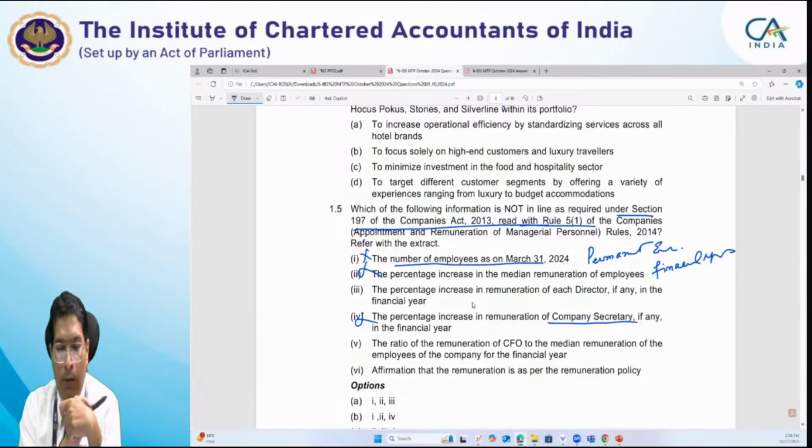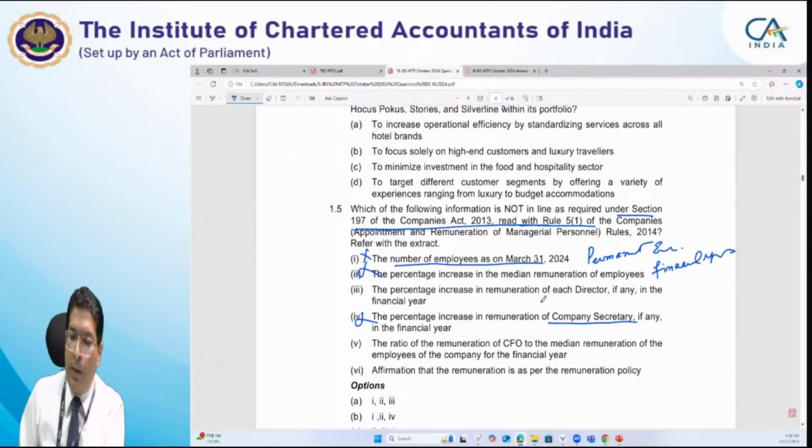Read with Rule 5(1). The ratio of remuneration of CFO to the median remuneration of employees of the company for the financial year.